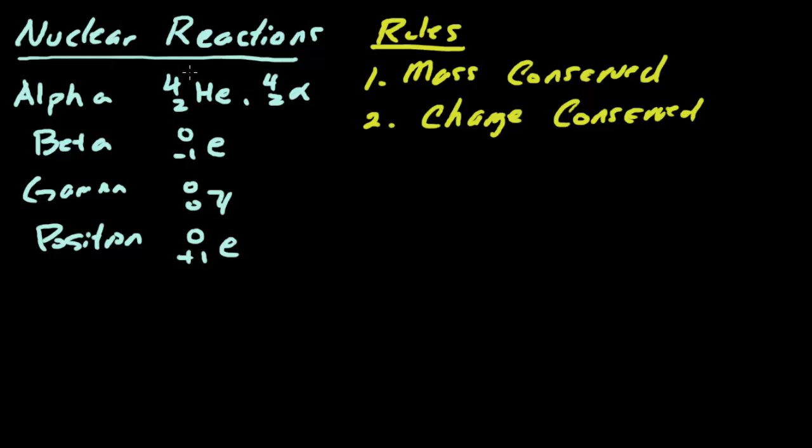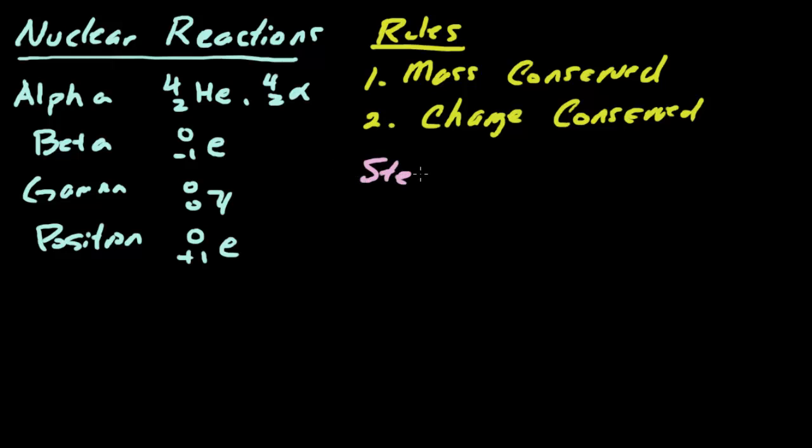Just remembering our isotopic notation, the top number is our mass number, and the second is charge, which is the bottom number, or our proton number. These 2 are always conserved in actually any reaction, but we're going to focus on these 2 in particular when we do problems.